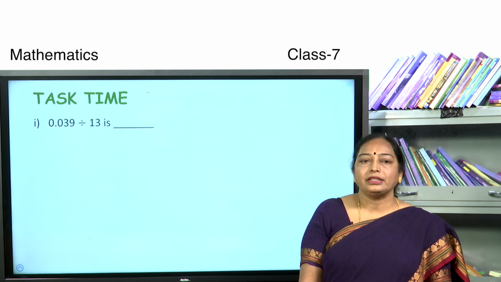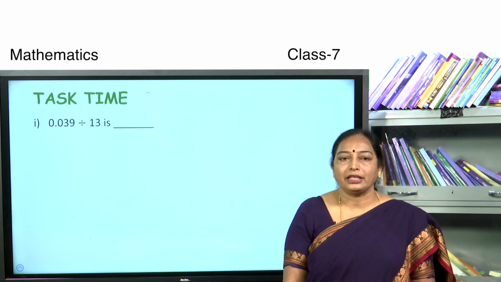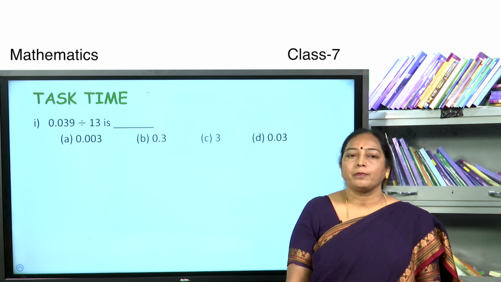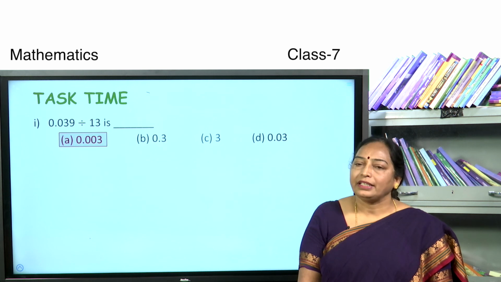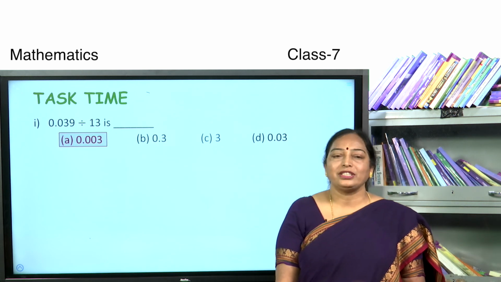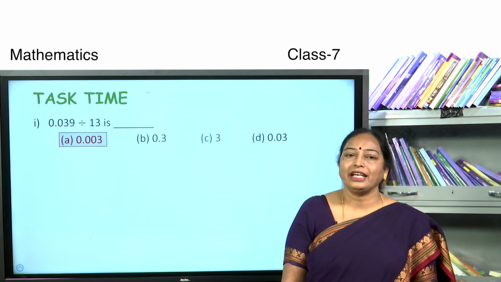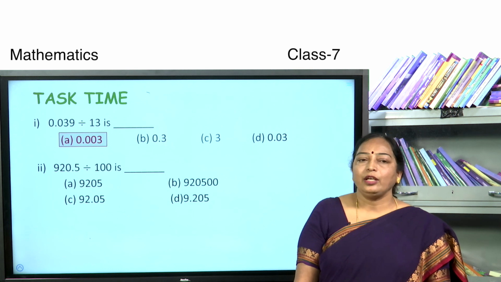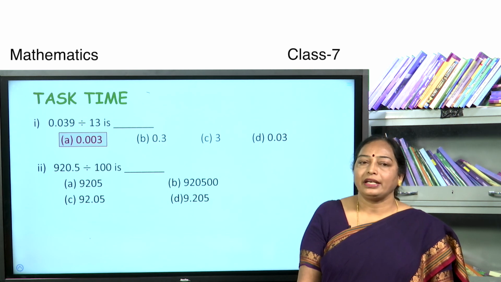Children, it is task time. Some questions are here. Each question has 4 alternative answers. You have to select the correct answer. First one, 0.039 divided by 13 is. Options are, what is the answer, children? It is 0.003. Second one, 920.5 divided by 100 is.